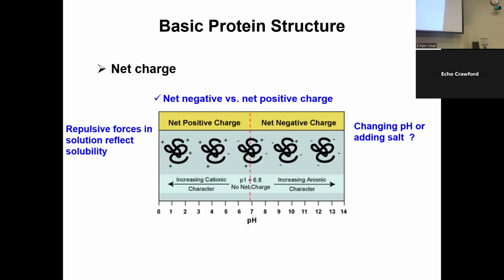So you start shielding charge, and also salt will compete for interaction with water. Then you lose solubility. We're going to talk again about salting in and salting out effect. So it all has to do with how they impact the charges on your protein.